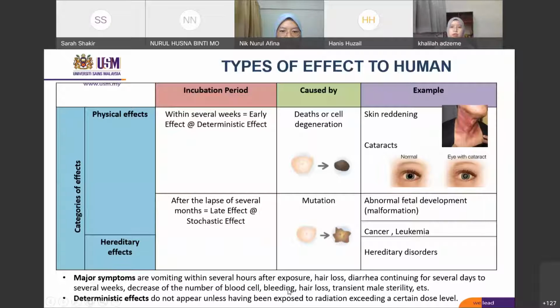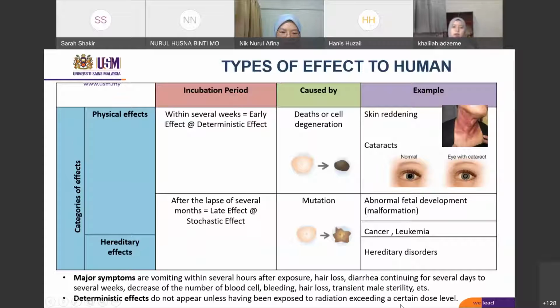Exposure to a large amount of radiation during pregnancy may cause some effect on the fetus, and radiation exposure to the eyes may cause cataracts after a while. We can see that this is a picture of normal eyes and eyes with cataracts. However, deterministic effects do not appear unless having been exposed to radiation exceeding a certain dose level.